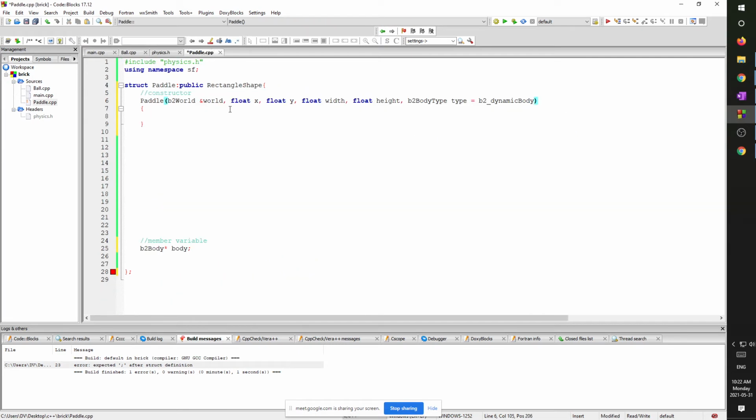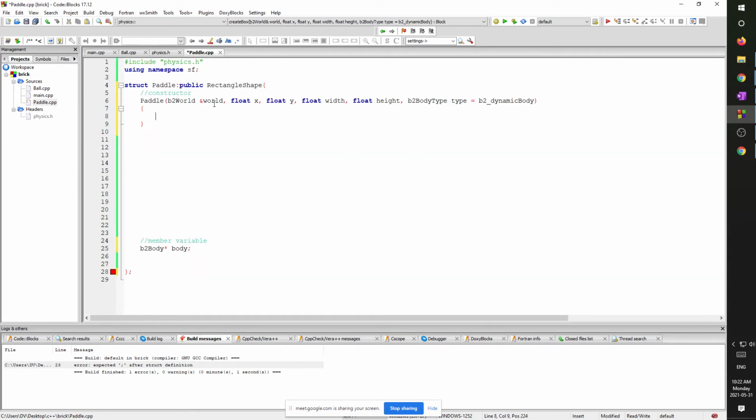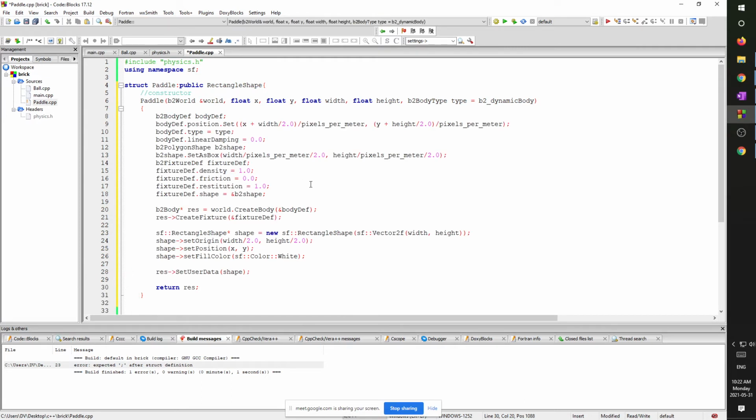And we'll paste it into our paddle's constructor function. And the other thing we'll paste in is all of this code. All of it. And we'll edit it as we need. So paddle's going to be a little easier than the ball for sure, because we don't have speed and angle to worry about right now. I think it would be a good idea to actually not let the person put in a type for the paddle for now.